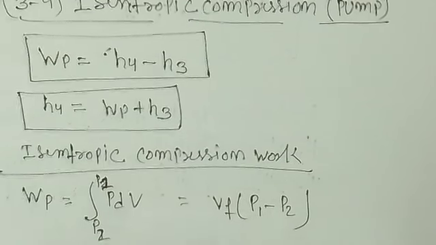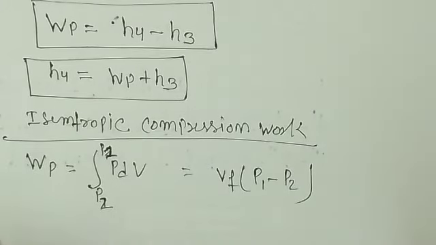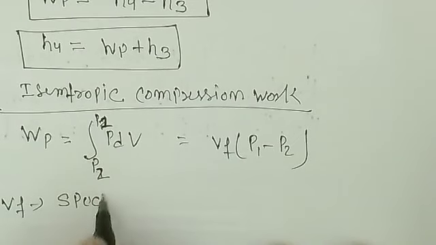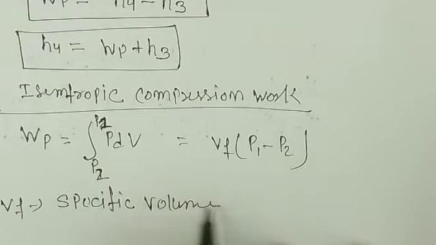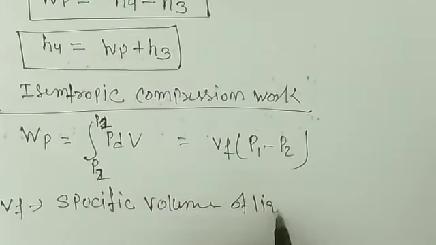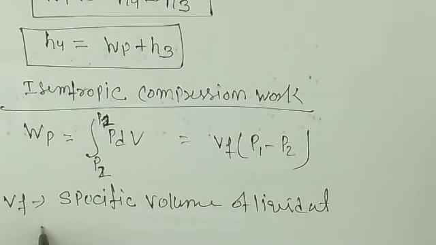So this is P1 minus P2, where Vf is the specific volume of liquid at condenser pressure. This value you will get.